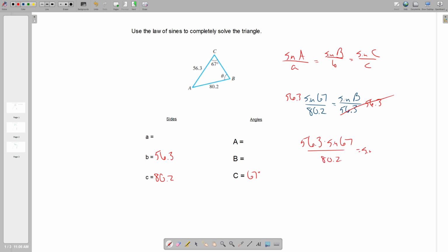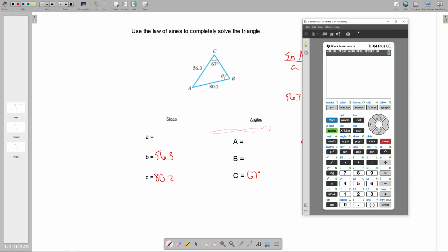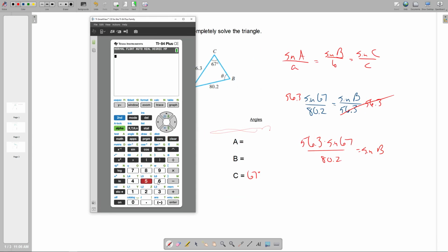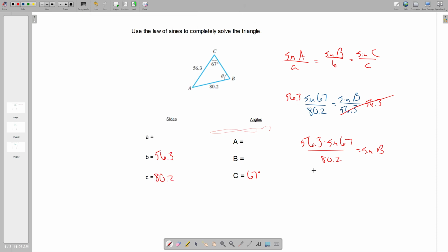That equals the sine of B. So what I'm going to do first is figure out what that is as a decimal. Make sure you're in degrees again: 56.3 times the sine of 67 divided by 80.2. And you get 0.646. So 0.646 is the sine of B.